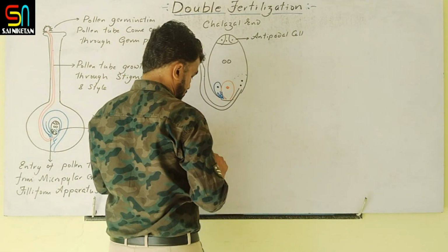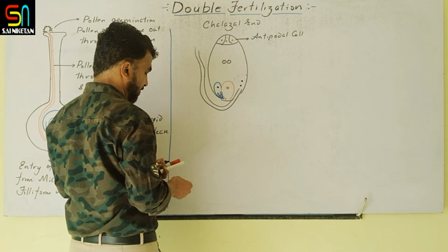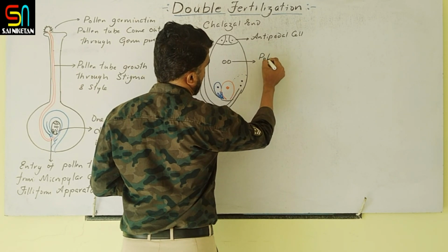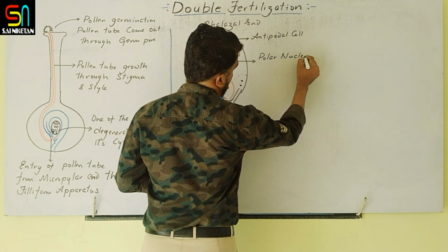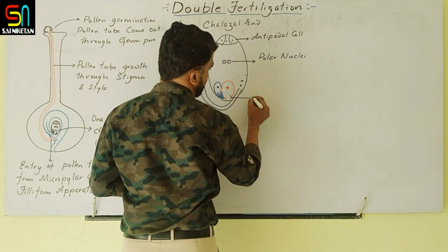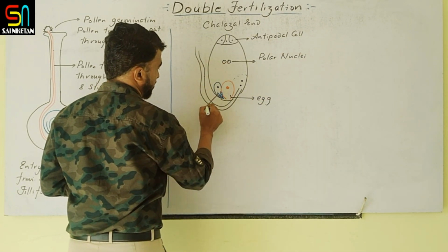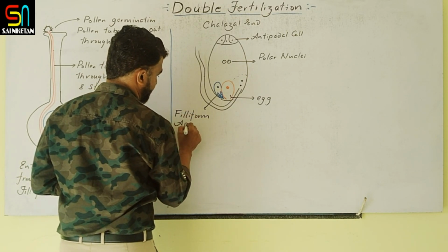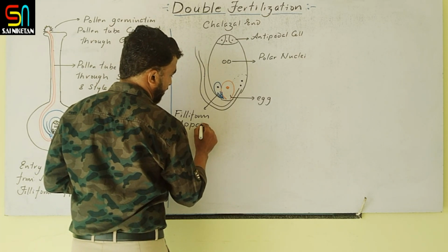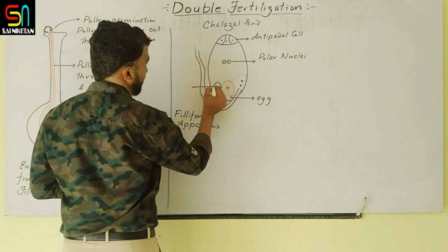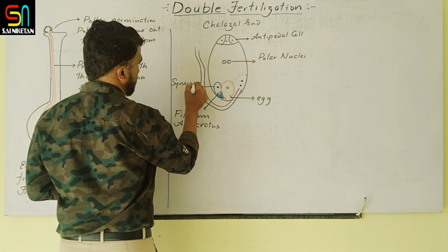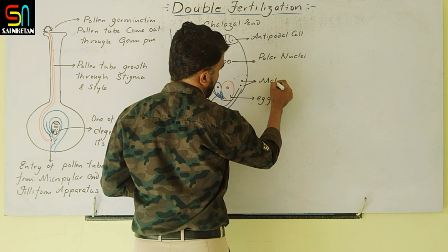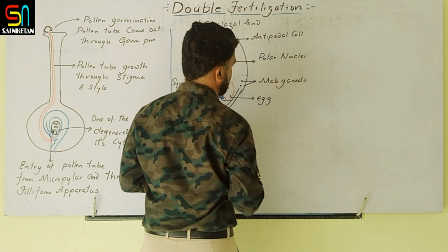Now what happens? These are the polar nuclei, this is the egg, this is the filiform apparatus, this one is a synergid, and these are the male gametes.